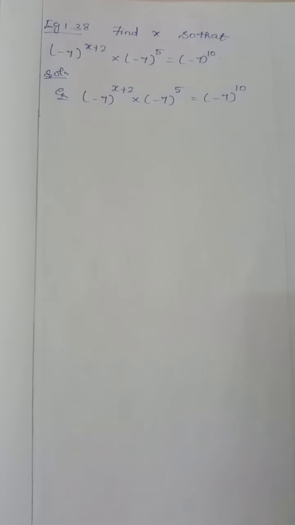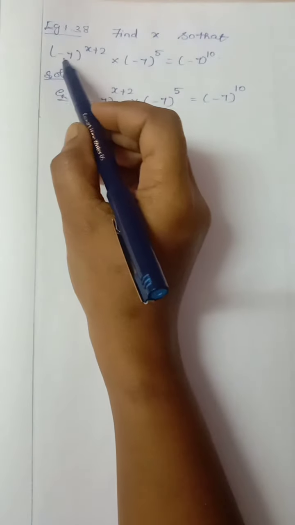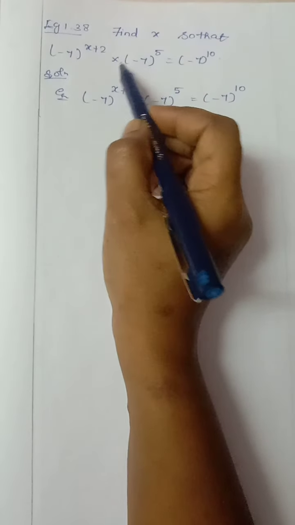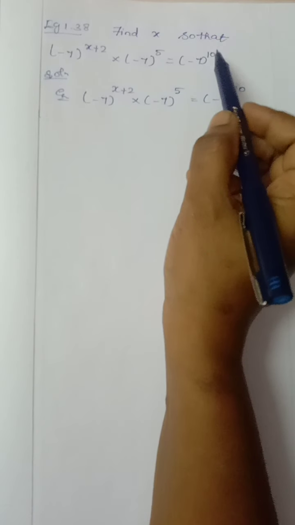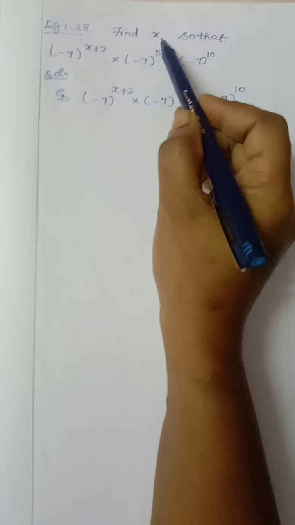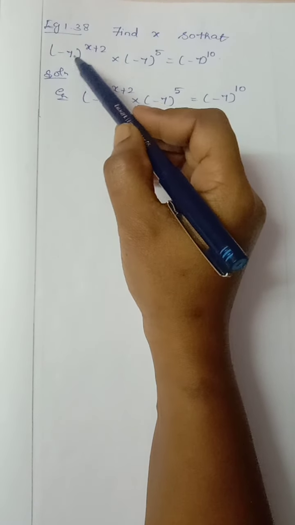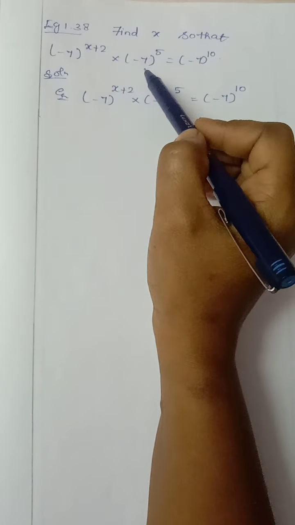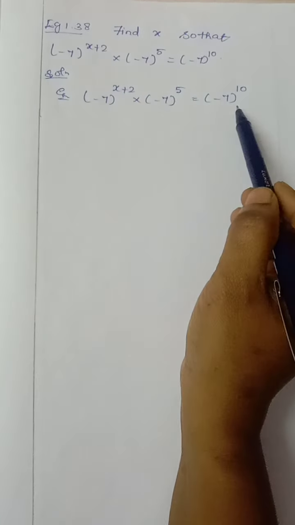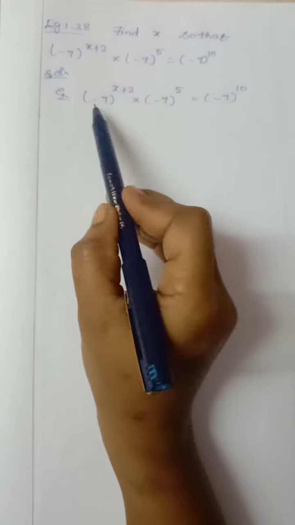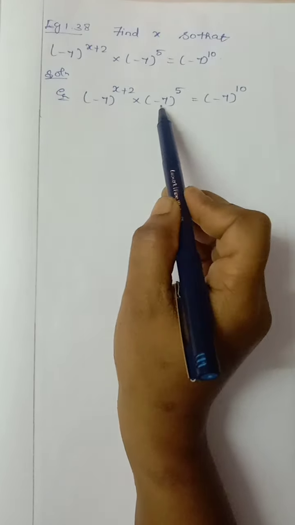Next, example 1.38. Find x so that (-7)^(x+2) into (-7)^5 is equal to (-7)^10. Here the unknown value x we need to find out. This condition is given, so we can simplify to get the value of x. Here, by the product law, both power numbers have equal base values.